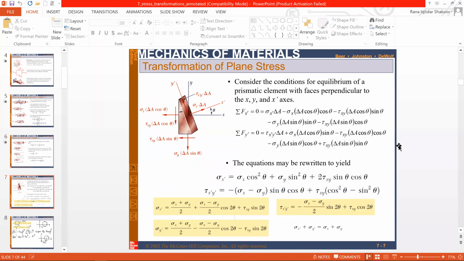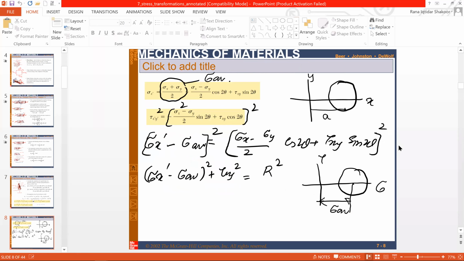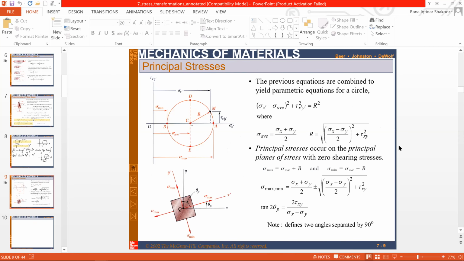This is the whole bunch of stuff we have already done. This is what we did, how these equations are equal to a circle. And then we can calculate that sigma maximum value and sigma minimum value. Sigma A and sigma B will be the stresses, right?